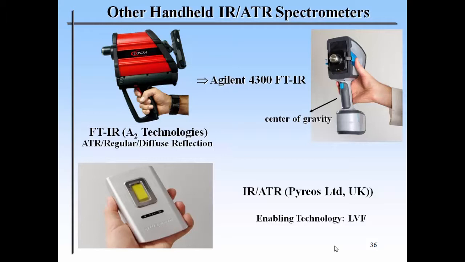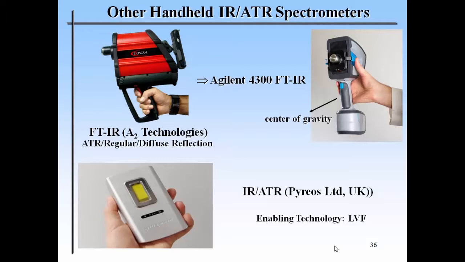This is an interesting alternative for a mid-infrared ATR spectroscopy. This is a zinc selenide crystal, and you simply put your material, in most cases a liquid, onto this area. It's mostly for oil and petrol, gasoline measurements. You put your material on here and you measure the mid-infrared spectrum.